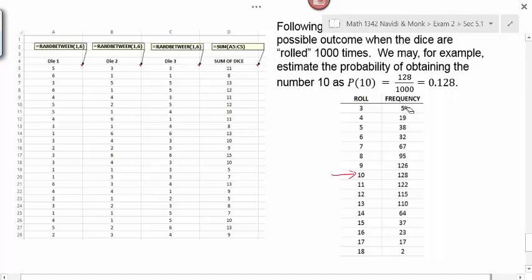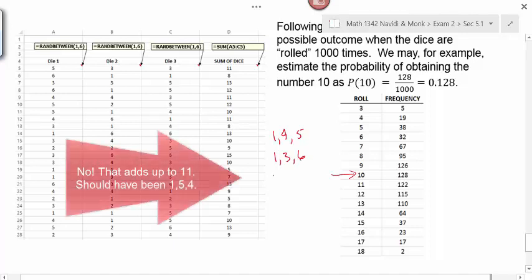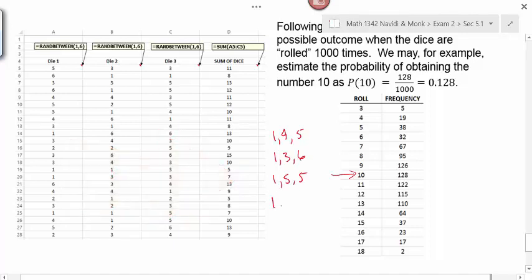I want to point something out that's interesting here. In order to roll a 3, you have to get all 3 aces on all 3 dice. That's very hard to do. In order to get an 18, you've got to roll all 3 sixes. But in order to get a 10, I could roll a 1, a 4, and a 5. I could roll a 1, a 3, and a 6. I could roll a 1, a 5, and a 5. I could roll a 1, a 5, and a 4. I could roll a 1, a 6, and a 3. You see what's going on?